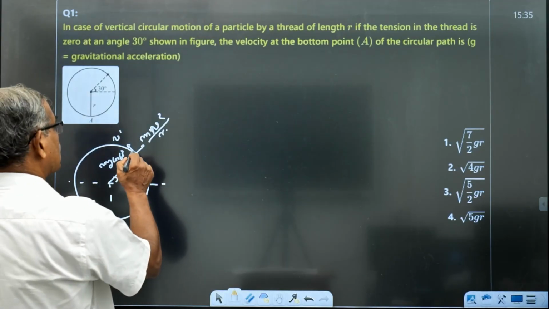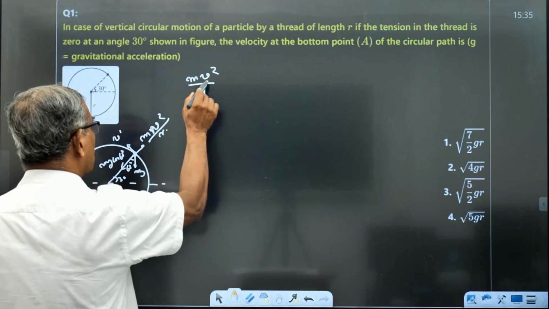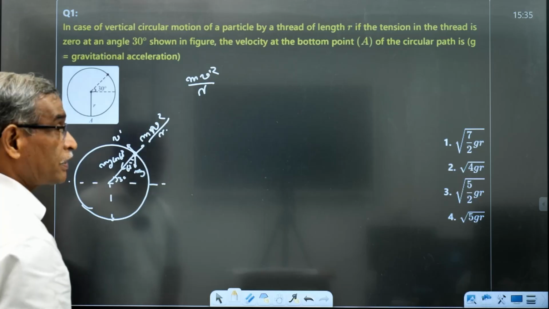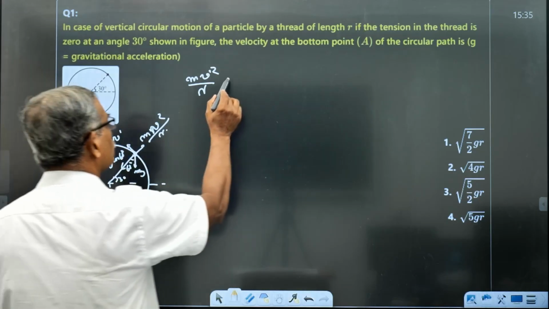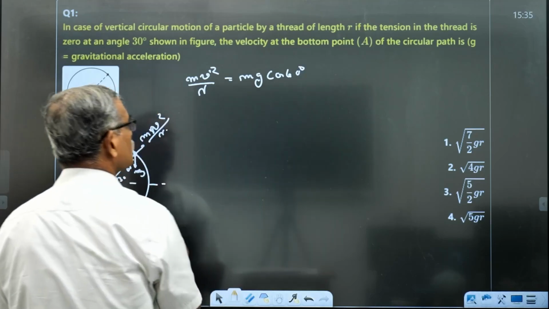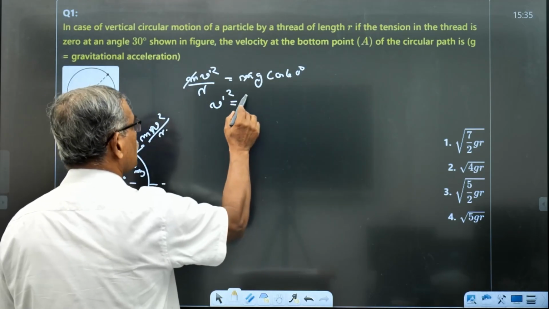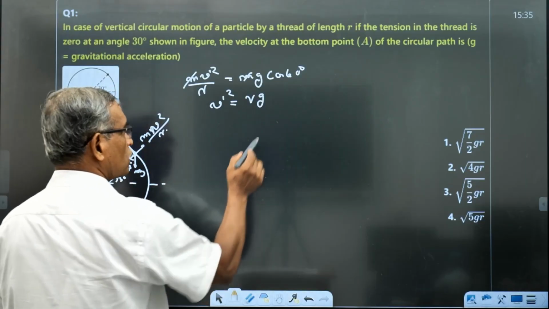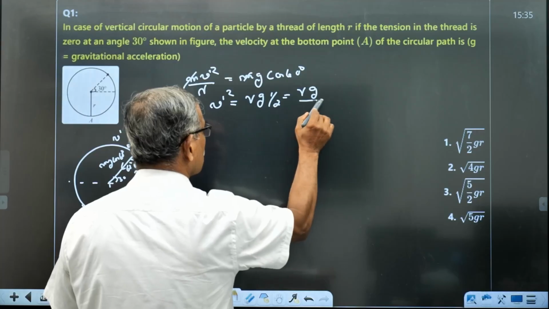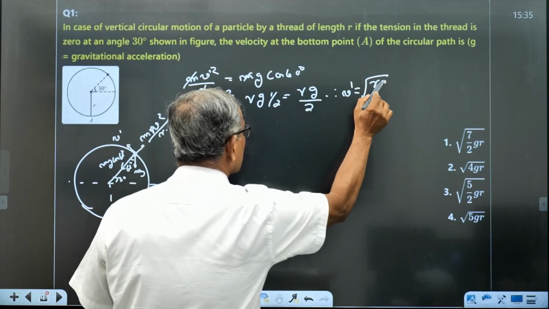So tension 0 here means m v dash squared by r is equal to mg cos 60. From this, v dash squared is equal to, m cancels out, rg into cos 60, which is rg by 2. Or v dash is equal to root of rg by 2.